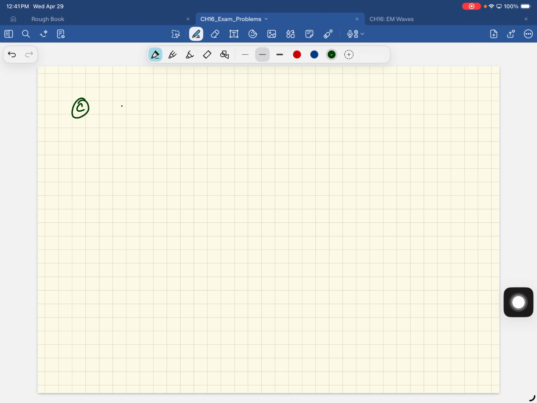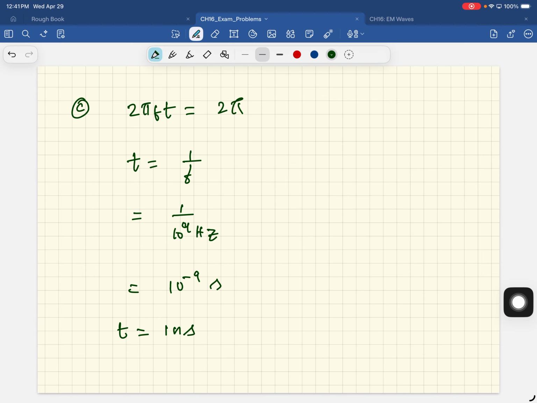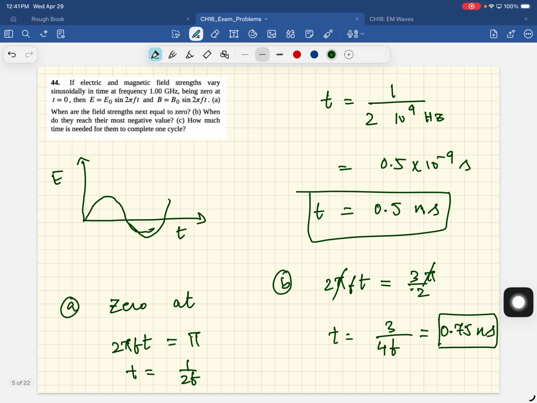So one complete cycle, and that is called the period. So the period is 1 nanosecond.